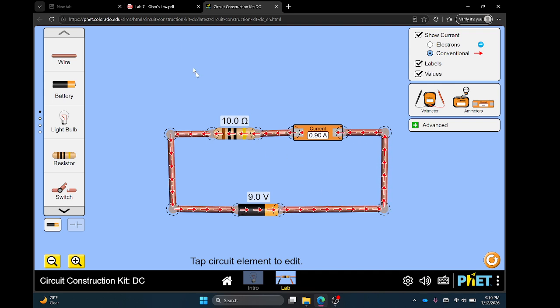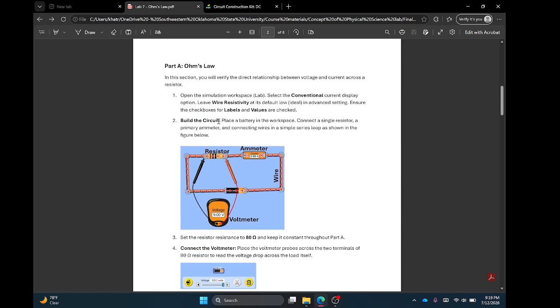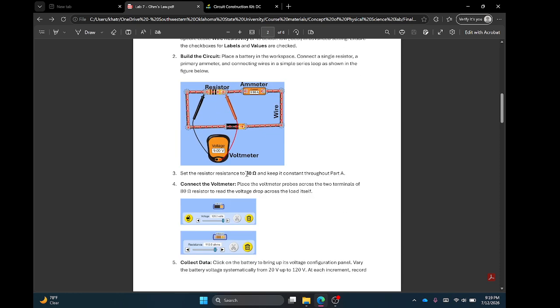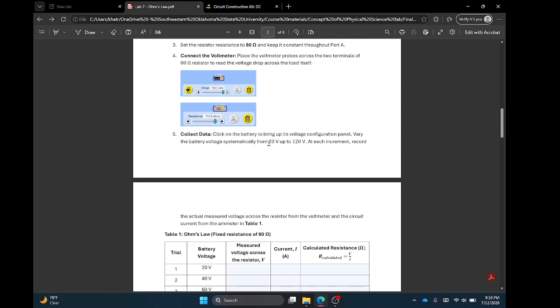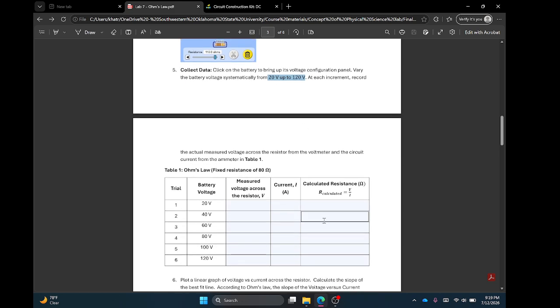And if you read the instruction here, what it's saying is keep the resistance at 80 ohm, and basically we will be changing the voltage from 20 volt to 120 volt, and measure all this, record all the current with respect to the change in voltage, and you will use this voltage and current to calculate the resistance in the circuit.